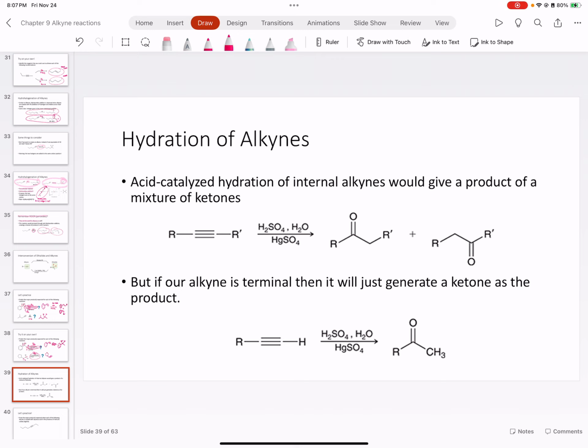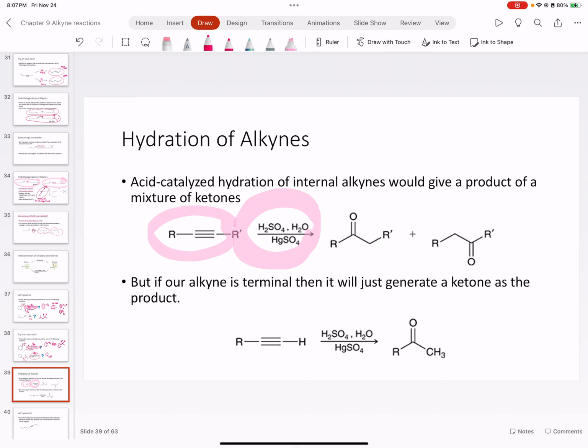Okay, hydration of alkynes. Acid catalyzed hydration of internal alkynes will give a mixture of ketones. One thing you have to take into account is that if our alkyne is not terminal, then we're going to get a mixture of ketones.